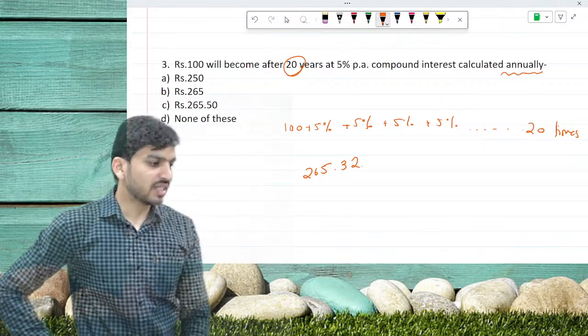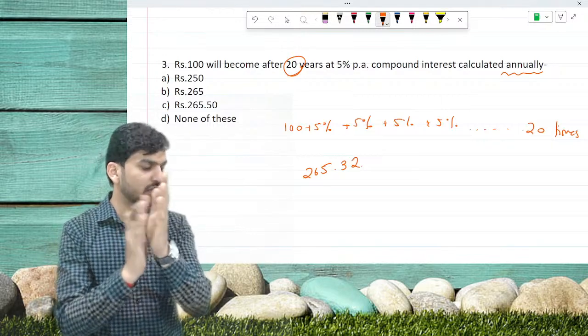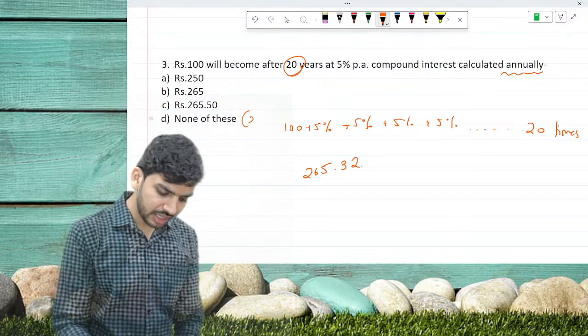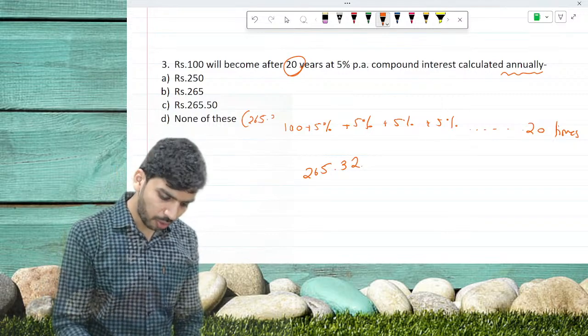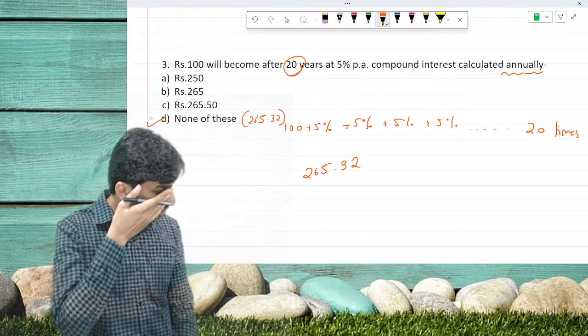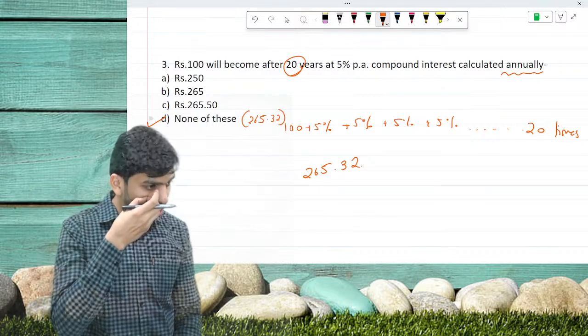Very good, Pranav, Satya, very good. Great work. So we can give option D. It is 265.32. None of these. Select 265.32.